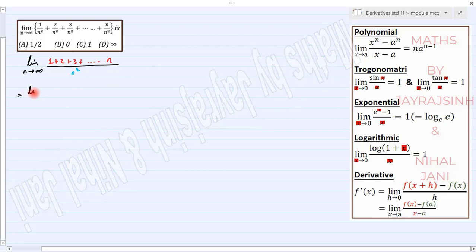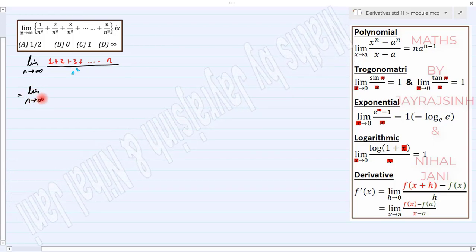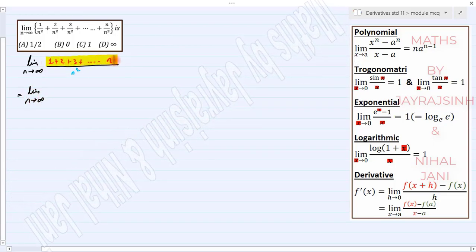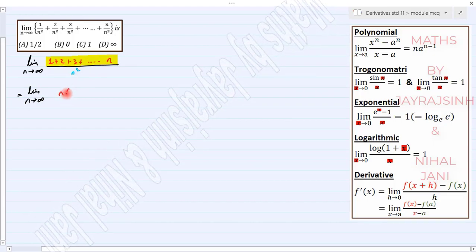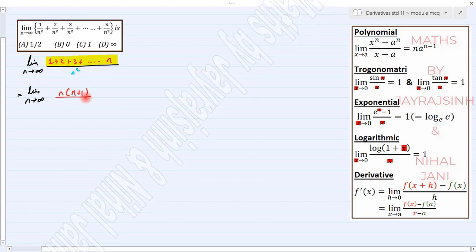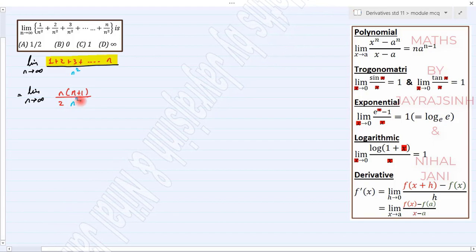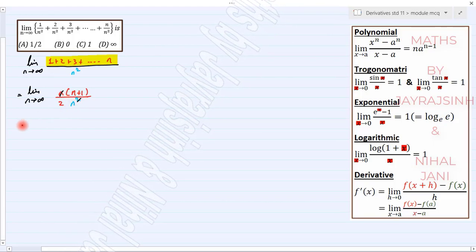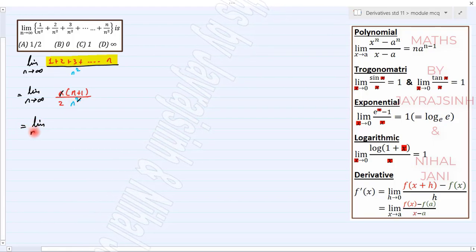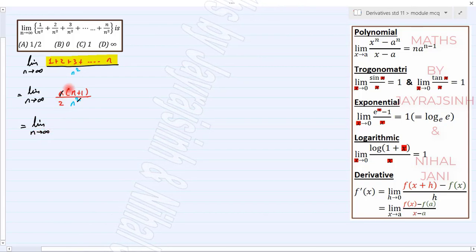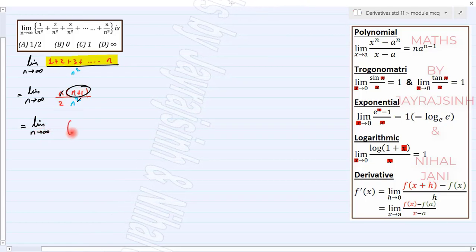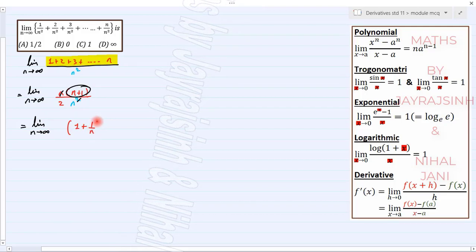Now, first of all, we have to simplify. In the numerator, we have the summation of n terms, which is nothing but n into (n plus 1) by 2 upon n square. So your 1 power of n will cancel out, and if we give the individual denominator to n plus 1, we'll get 1 plus 1 by n.